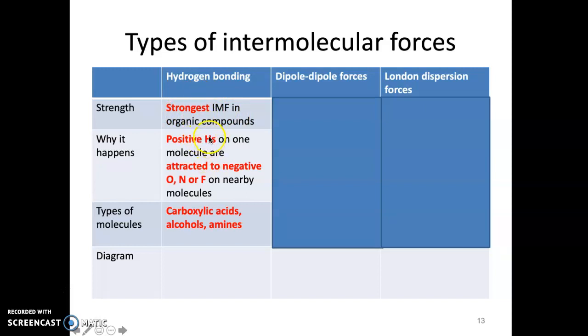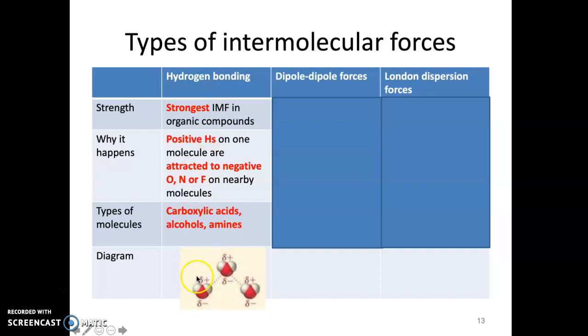And it happens when you have a hydrogen that's bonded to oxygen, nitrogen, or fluorine. Okay, and some classic examples of organic molecules that have hydrogen bonding are carboxylic acids or organic acids, alcohols, and amines. And this is the intermolecular force that is in water.